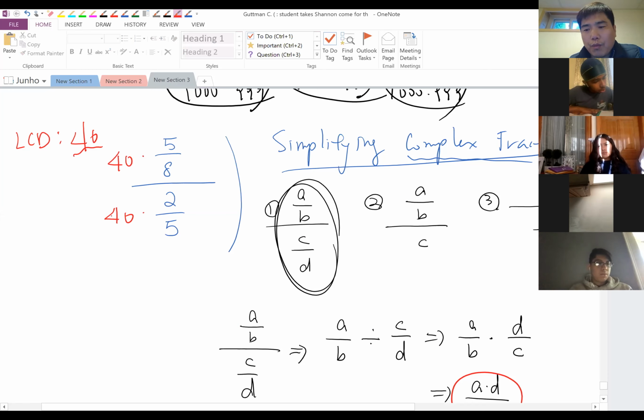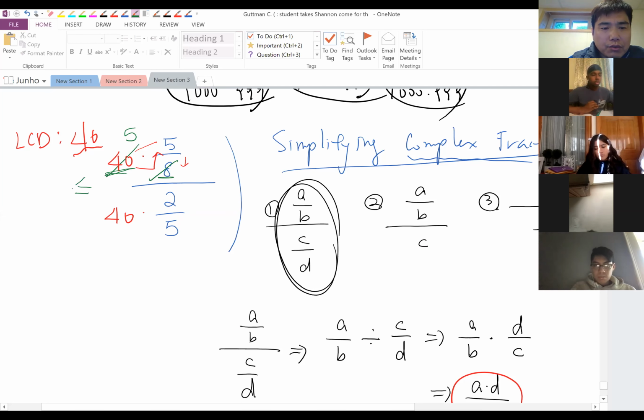Do you understand what we are doing? Okay, and now we simplify. There are two different ways: multiply first and divide, or divide first and then multiply. I recommend the second one because the numbers will be smaller. So 40 divided by 8 becomes 5, and 5 times 5 becomes 25.